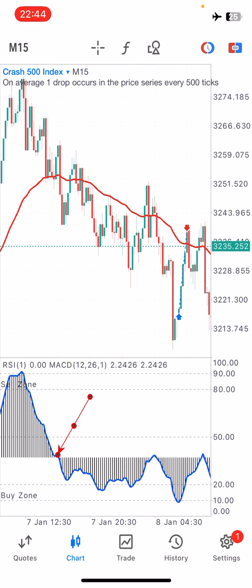But before you look for that cross, it should also be below this 50 level. So this just goes hand in hand. You want your MACD to cross to be below zero, while it's at the same time below this 50 level. So that's your first sign of a sell trade.